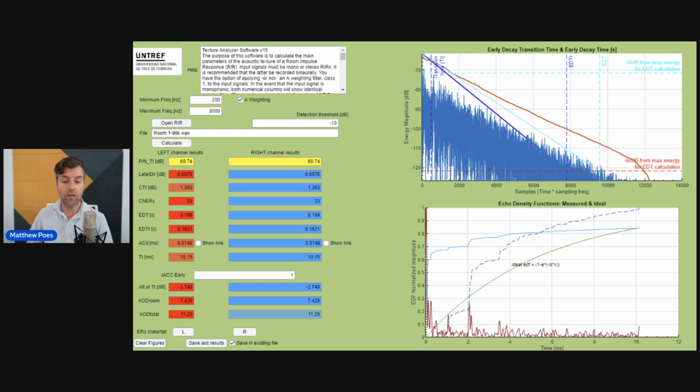And so when it tries to fit a line against the idealized EDF, we see that there's a fairly poor match between what it fit, these blue lines here, and the idealized one, the green line. And so when we look at these normalized ordinal distance numbers, we see values of 7.429 for the room and 11.25 total. Why? This room is really dead, but all the reflections are highly coherent.